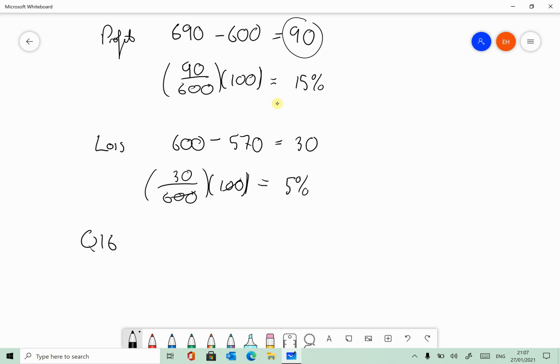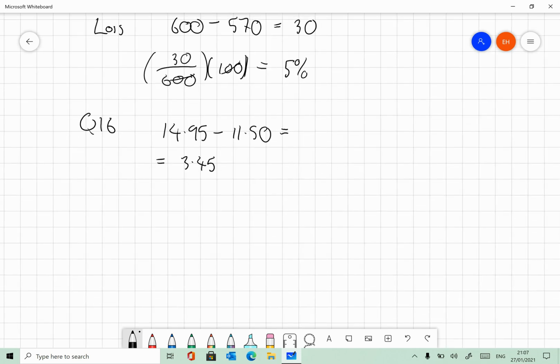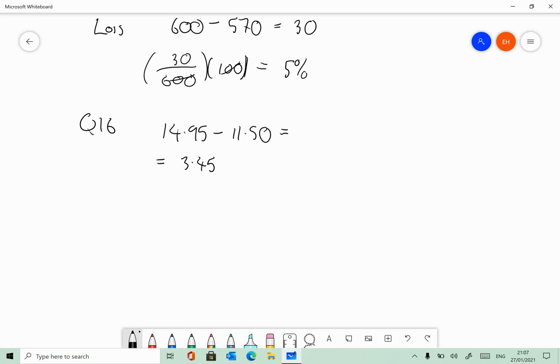So first of all, let's work out the profit. So it's 14.95 minus 11.50, which is equal to 3.45. So that's the amount of profit they make, and then we have to express that as a percentage of 11.50, multiplied by 100.